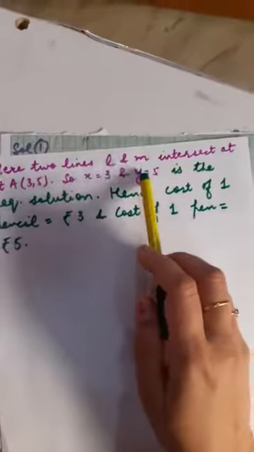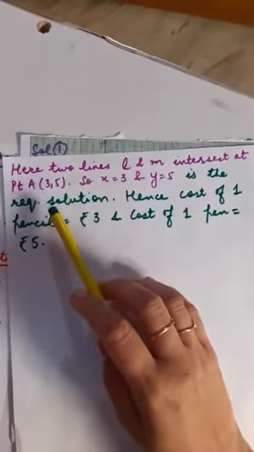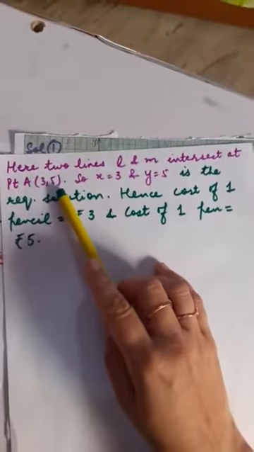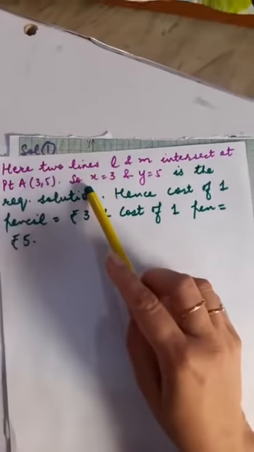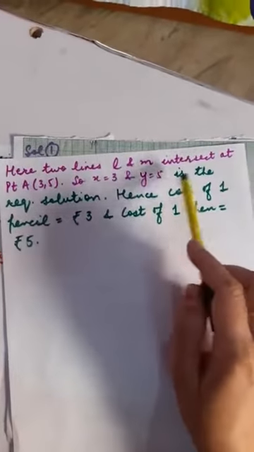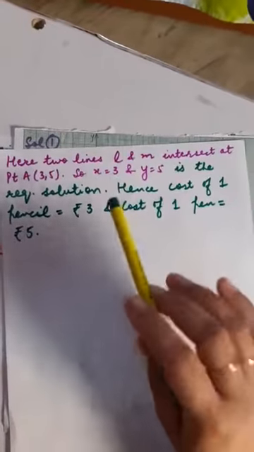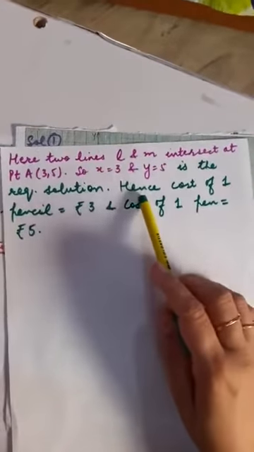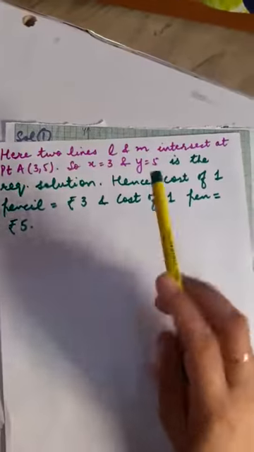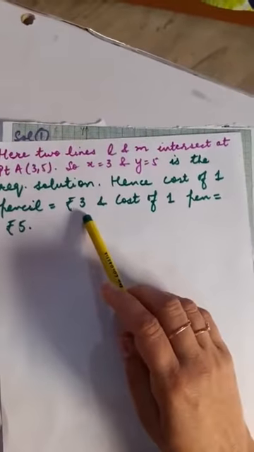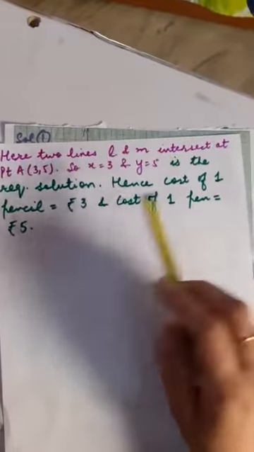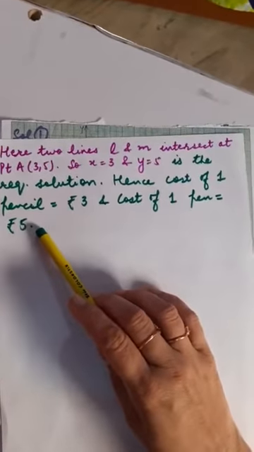Hence both the lines, line L and M, I have given the names also. They intersect at point A, that is 3, 5. So x is equal to 3 and y is equal to 5. This is the solution of both the equations of the situation. So hence the cost of one pencil, which was x actually, is rupees 3, and the cost of one pen will be rupees 5.